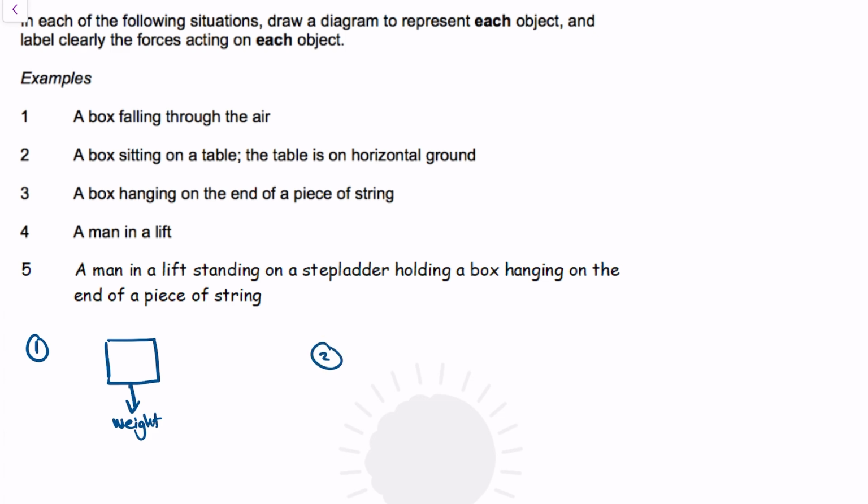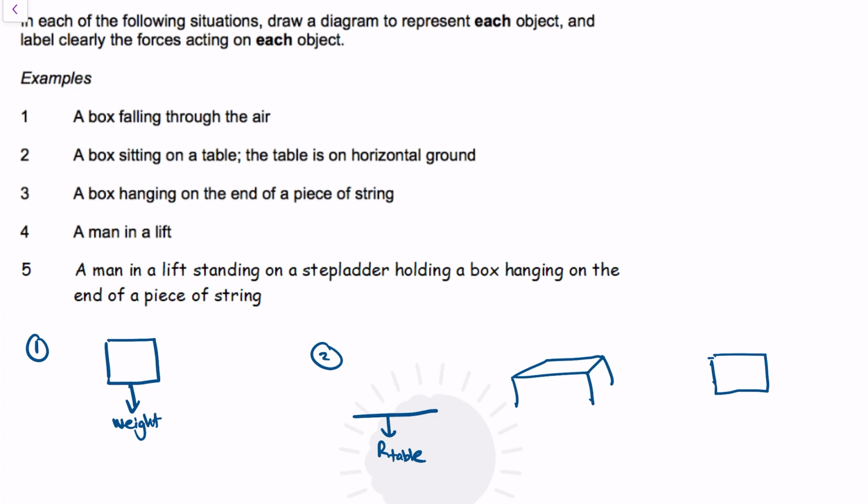The table is on horizontal ground. So we've got the ground, we've got the table, and then we've got the box. Because the ground feels the reaction with the table. So reaction of table.